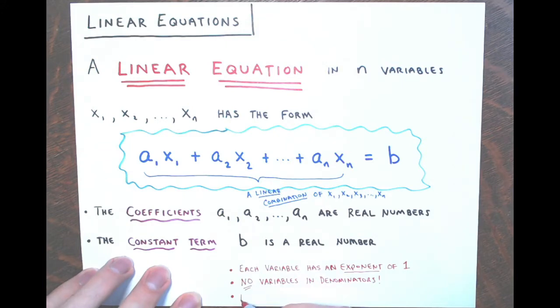So no sines or cosines. There's no special functions. I'll say no special symbols with a variable in it. So a linear equation is basically just the most basic kind of equation you can have.